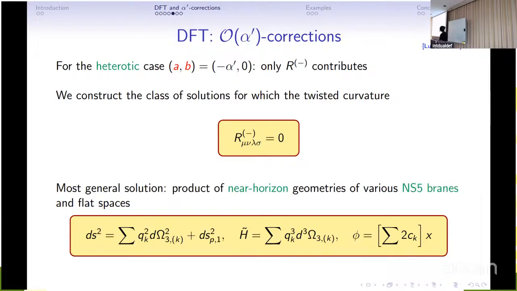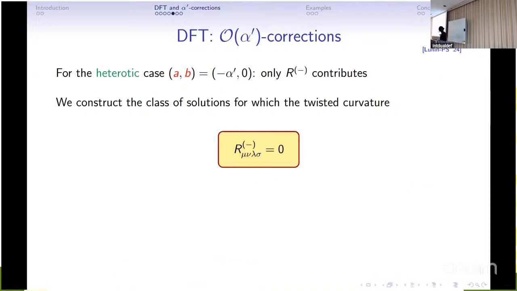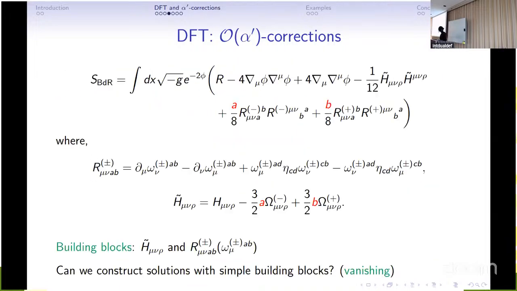So it looks something like this, the well-known CHS solution, but the near horizon copy. All right, so we also saw that it's not just R minus, but we also have this little H tilde sitting in there. So that's one more piece that would contribute if you're looking at all the possible alpha prime correction terms.